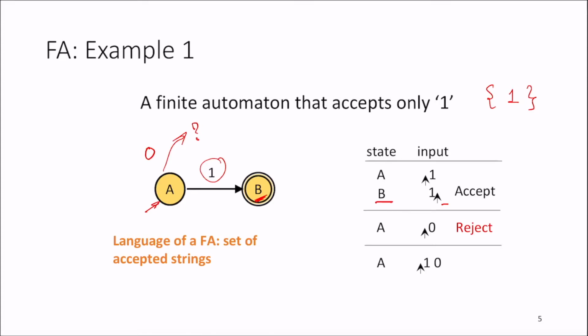And I could accept a 1 and end up in state B as before, but I still have another symbol 0 here. You can see that from B on an input 0, I can't go anywhere, so I would reject this string.